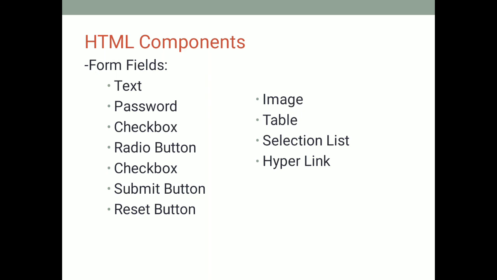Then we have a hyperlink. Now what is the use of hyperlink? If you want to give the activation control for navigation to another page, meaning you put the link to navigate to the other page or to another file in your web pages.